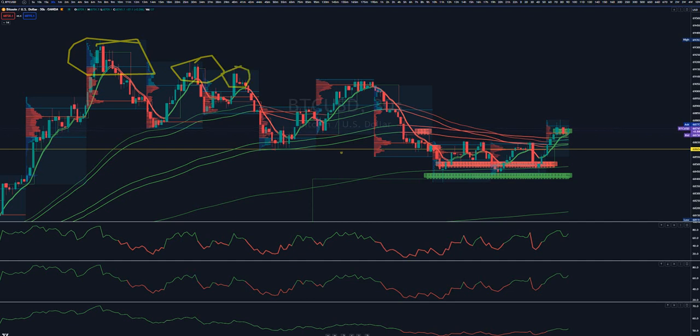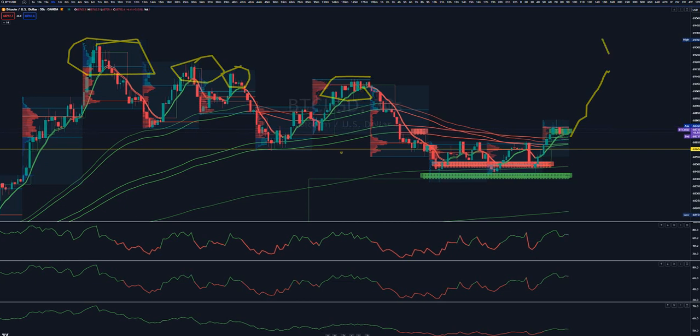So if you are a short seller like me, then we better wait a little bit for the market to go up, and then if we have the right signal, we start to sell.